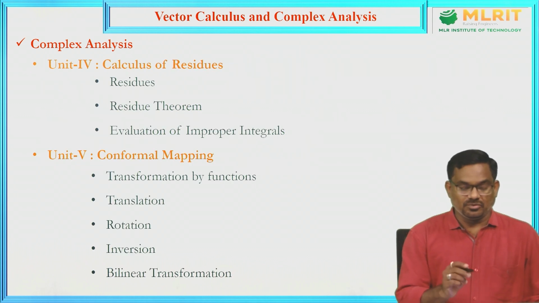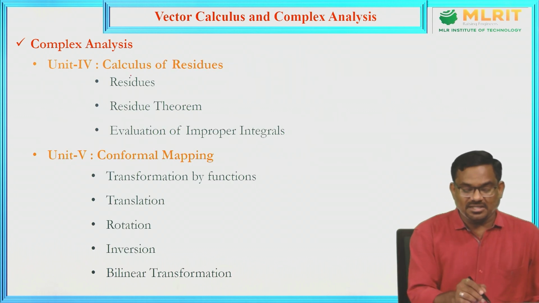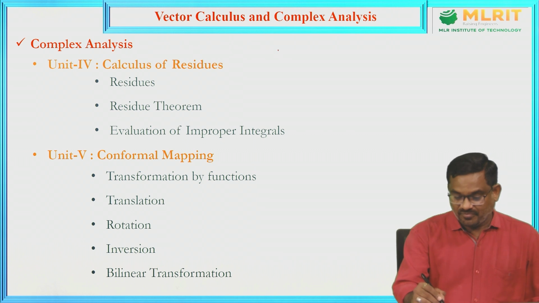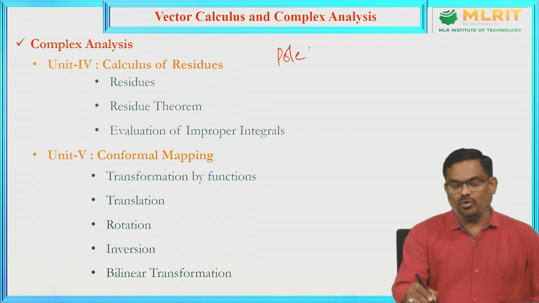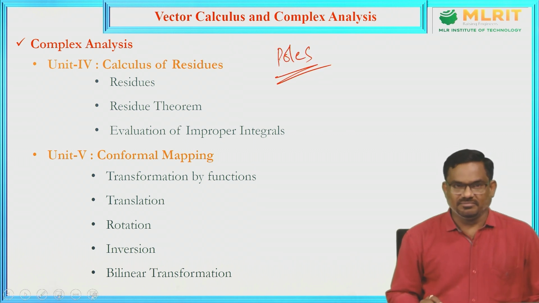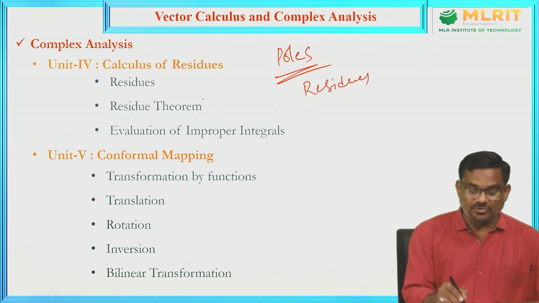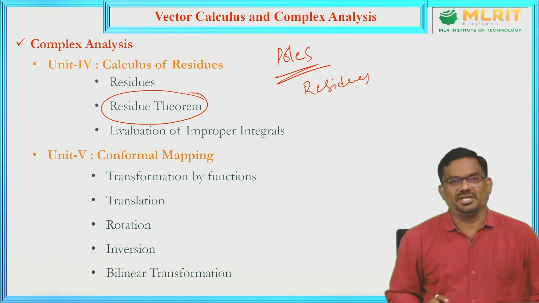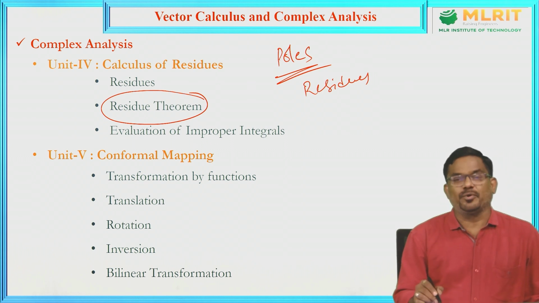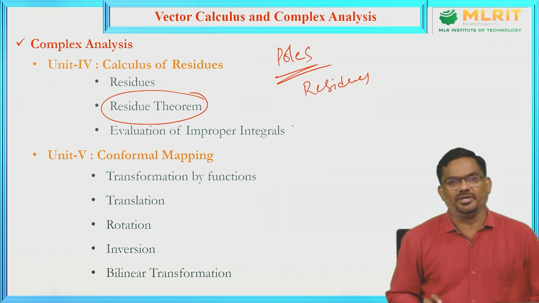Next, coming to unit 4, the calculus of residues. Here first we calculate the poles of the given function, then residues, and to find the residue we use the residue theorem. Evaluation of improper integrals will also be discussed in unit 4.